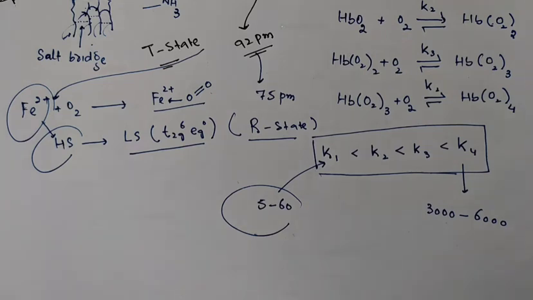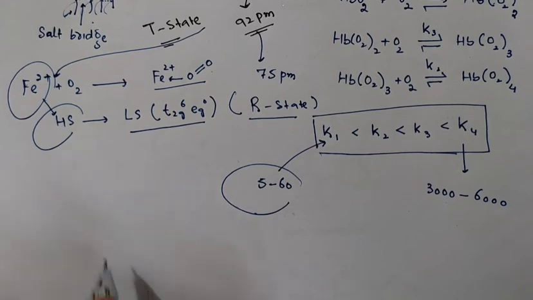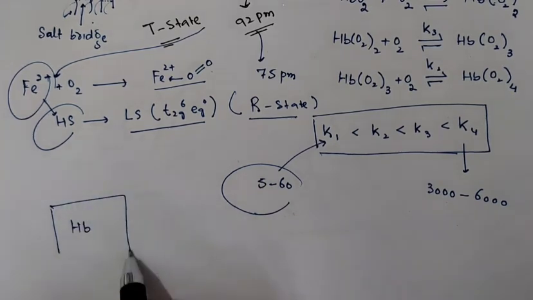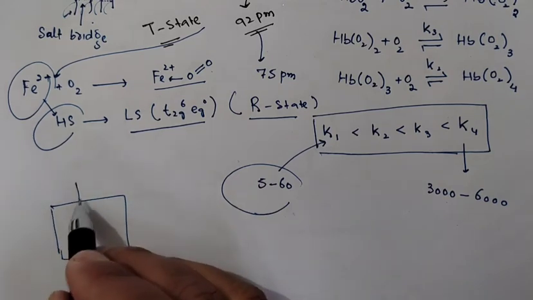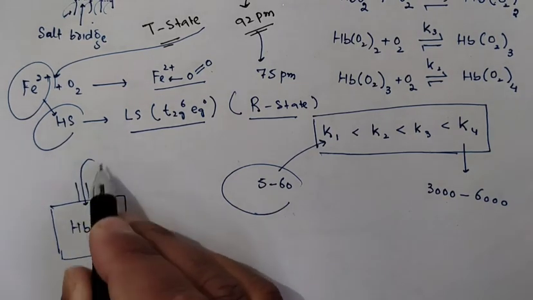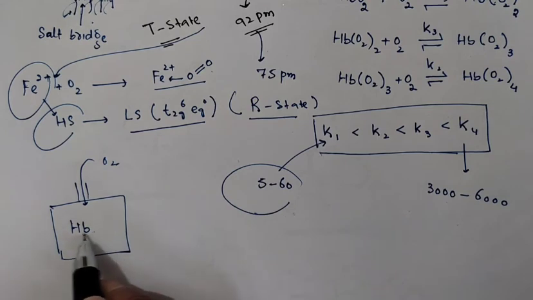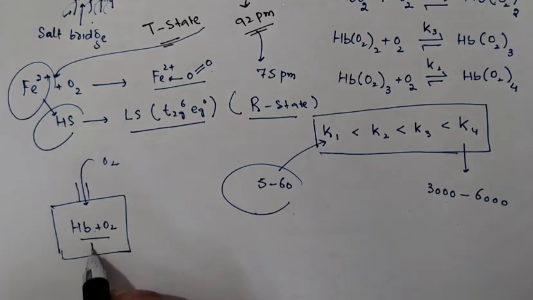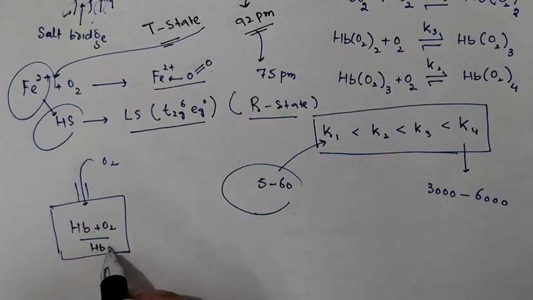Now there is one more thing to remember here: again we'll go back. So when the hemoglobin, let's say this is the lungs, okay, so this is your aerial oxygen, it only binds under high pressure conditions to form oxyhemoglobin.